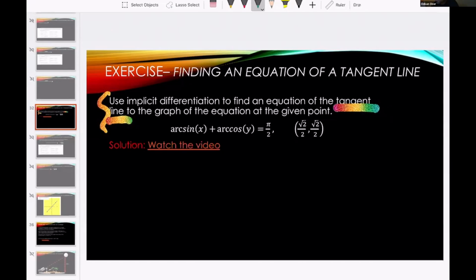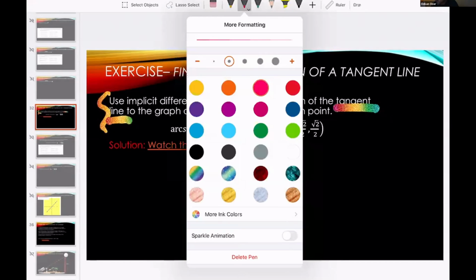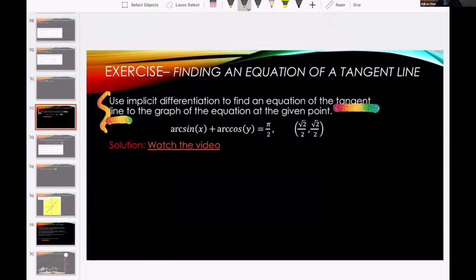So let's just remember what implicit differentiation is. Essentially, we're going to take the derivative of the whole equation. Okay? We're going to take the derivative of the left-hand side and the derivative of the right-hand side, but keeping in mind that whenever you take the derivative of a y-related term, you should have some sort of y prime tagged along with the derivative. So here we go. Let's do it real quick.